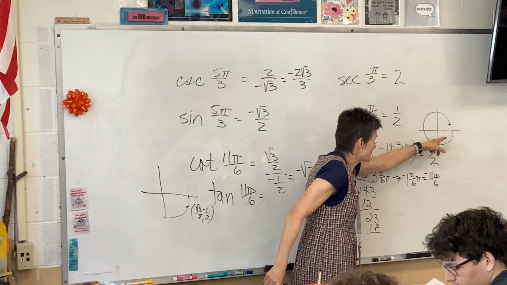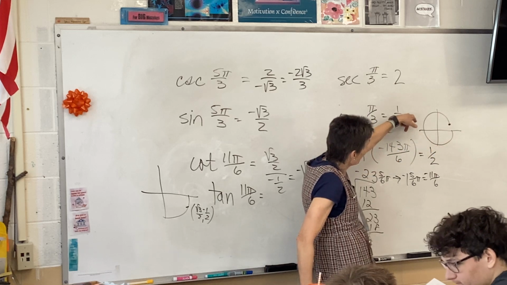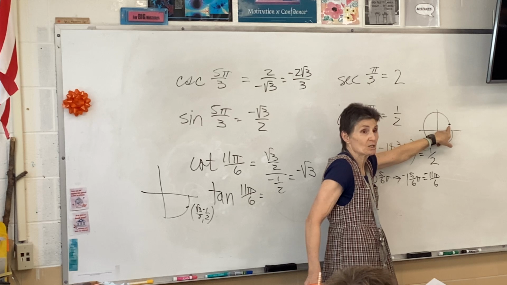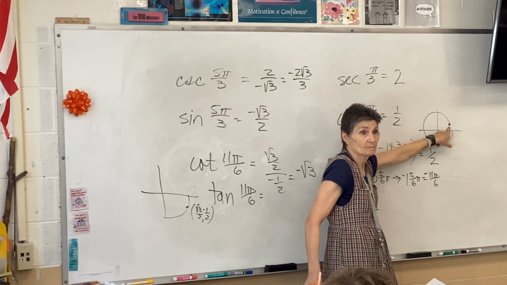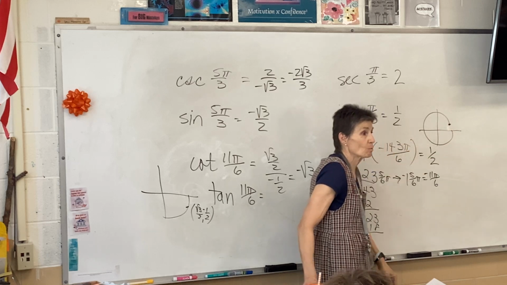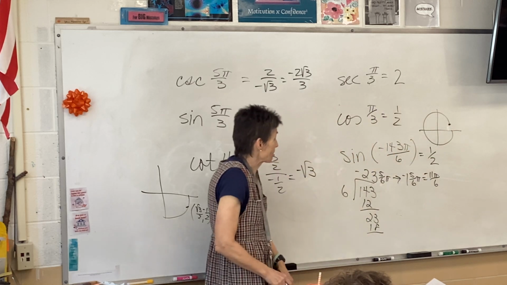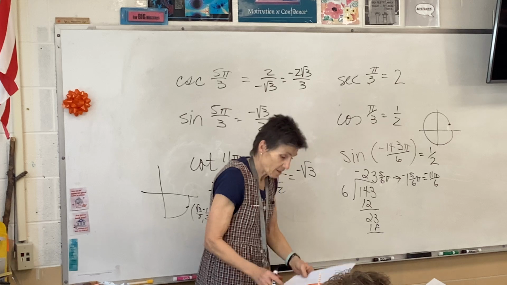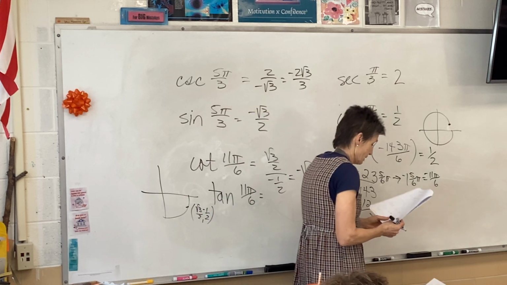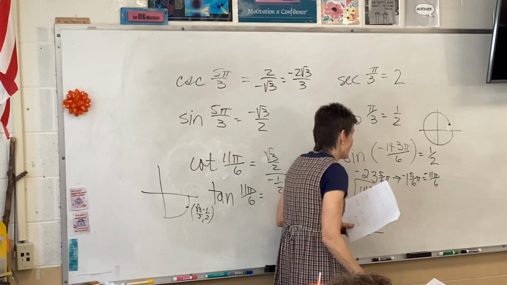Negative means I go this way, and if I go all the way around 11/6, it puts me right here, which is 1/6. And I know that the sine of pi over 6 is 1/2. All right, you do F. It's the same kind of thing, smaller numbers, but the same idea.